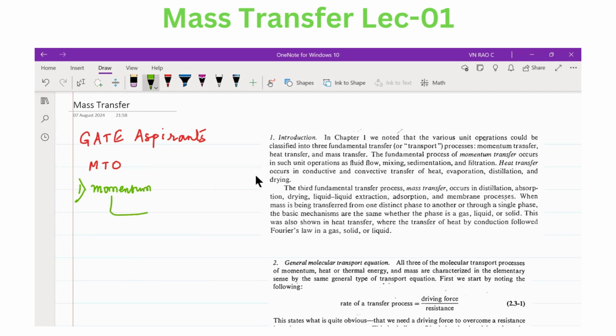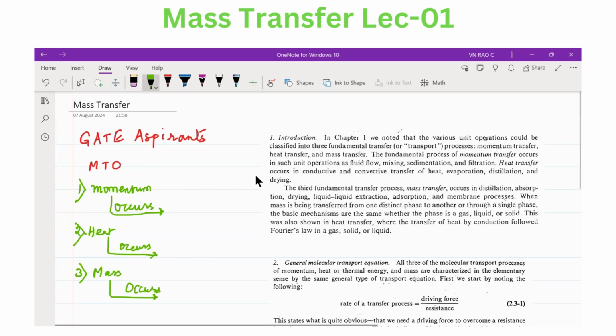Where does it occur? That is where we need to have an understanding. Next one is heat transfer. Where does it occur? This is again one more understanding. What is the third one, and the topic of interest of this particular video session? Mass transfer. Where does it occur?